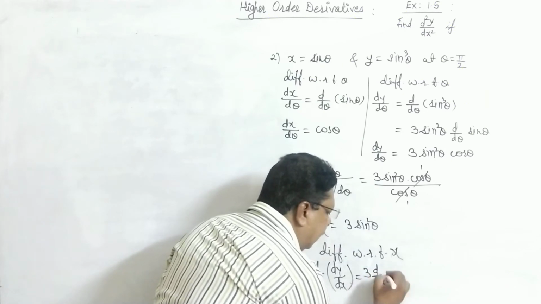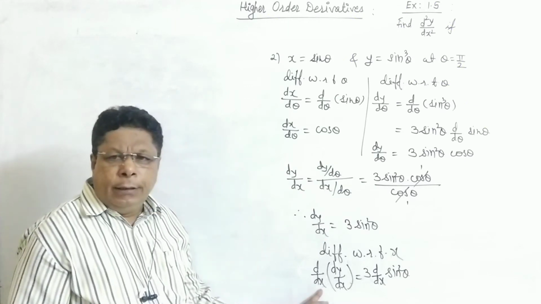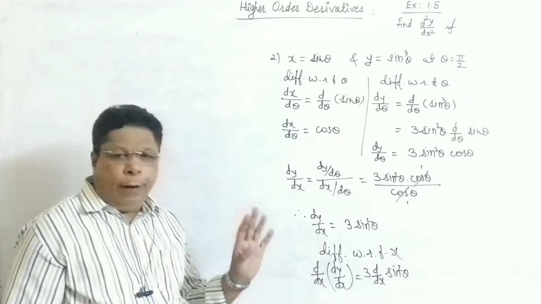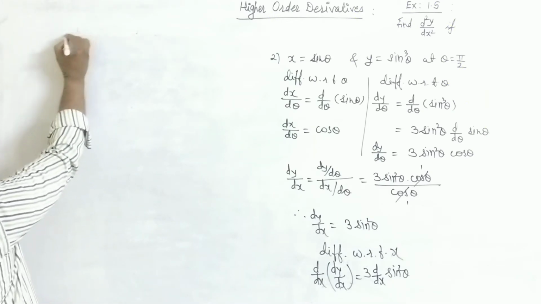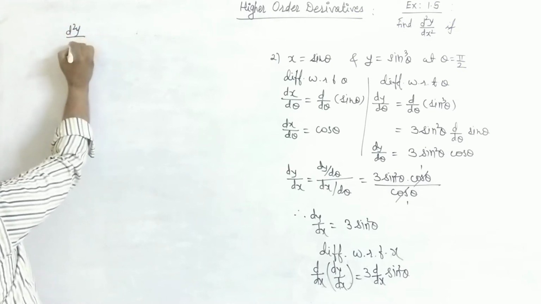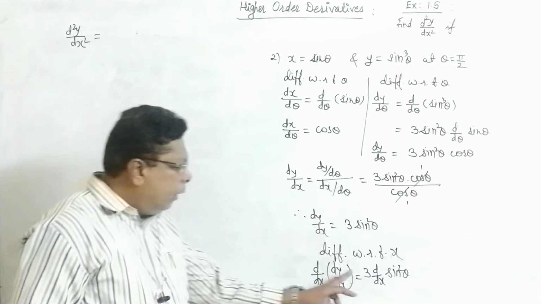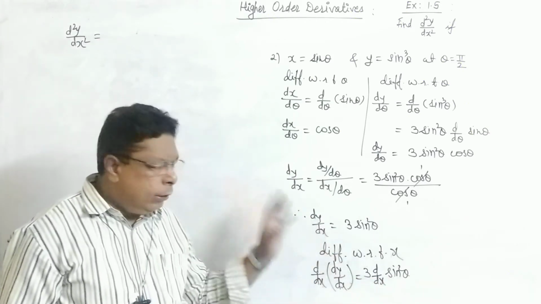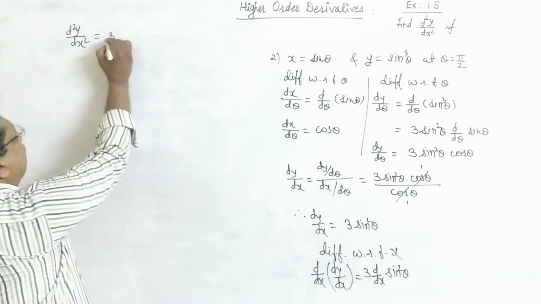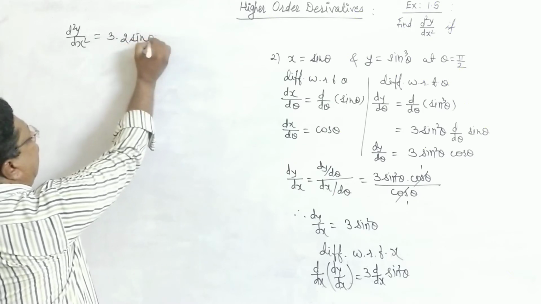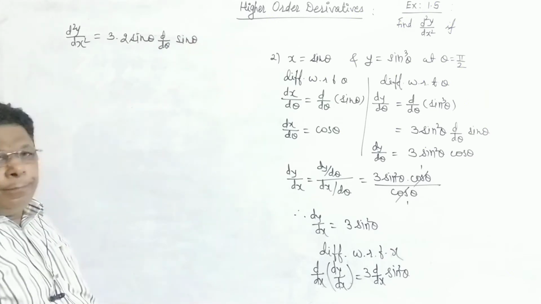Now we know that the derivative of dy by dx with respect to x is d square y by dx square. Derivative of sin square theta is 2 sin theta into d by d theta of sin theta.